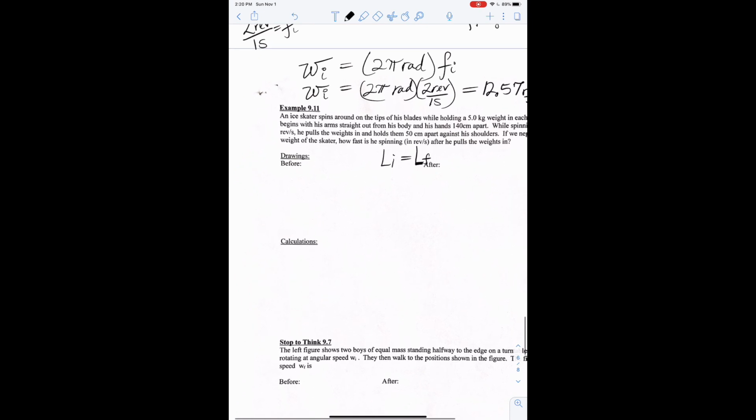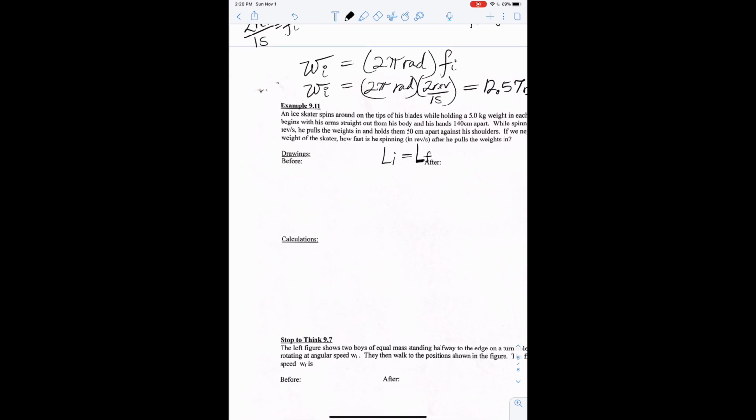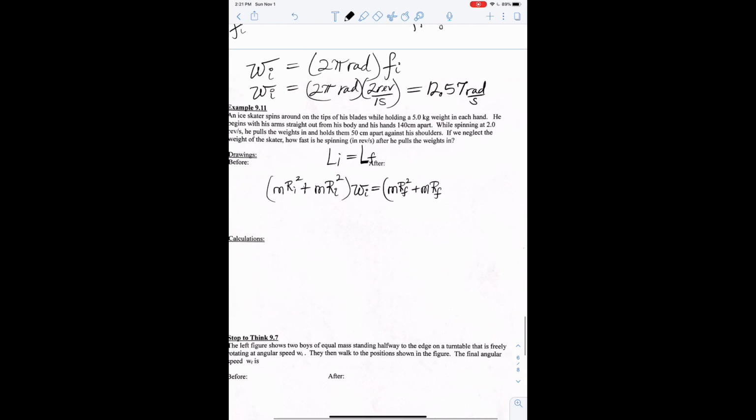So we'll use the conservation of angular momentum, and since both masses have the same initial angular velocity, we'll have m r squared plus m r squared, times omega i, is equal to, once again, m r final squared, times omega f.